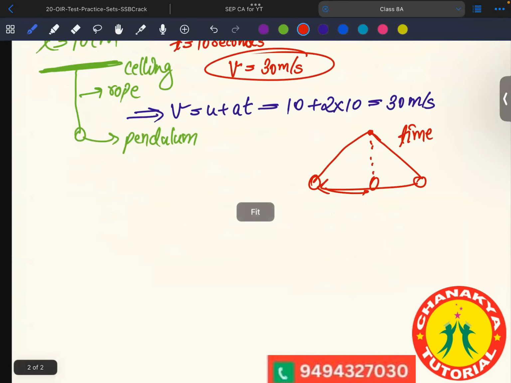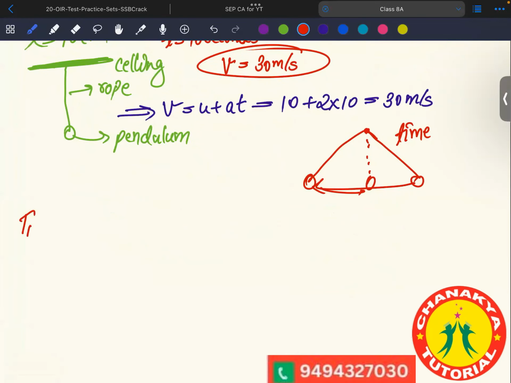let me write it. So what is time period? It is the time taken by a pendulum to complete one full oscillation.